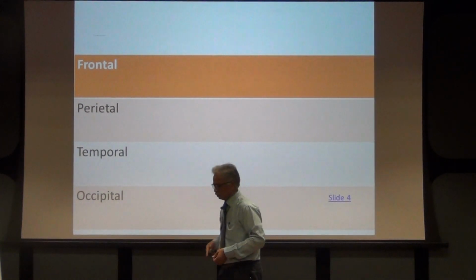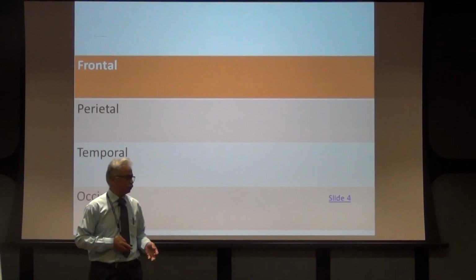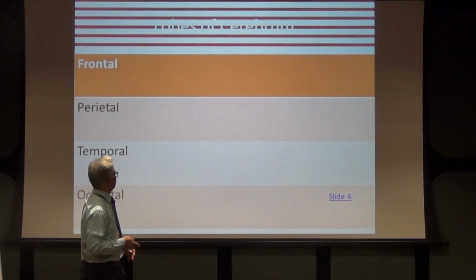So now these are the different lobes of the cerebrum. What are the lobes of the cerebrum?